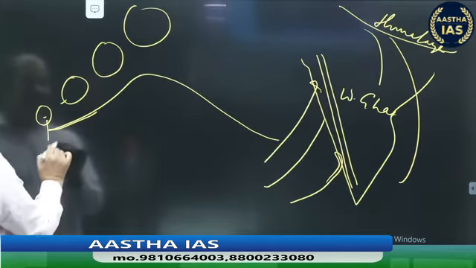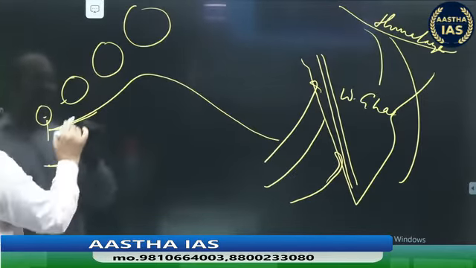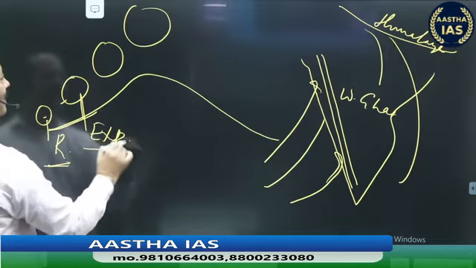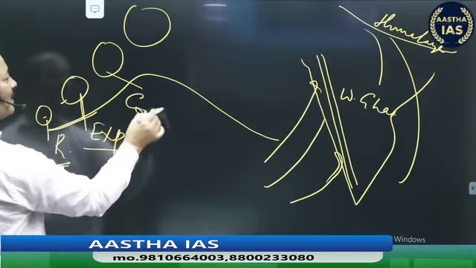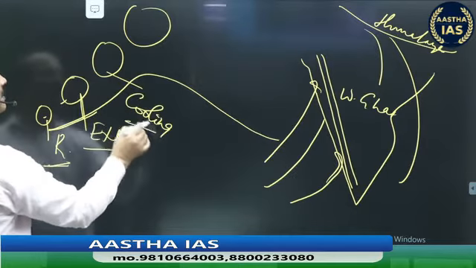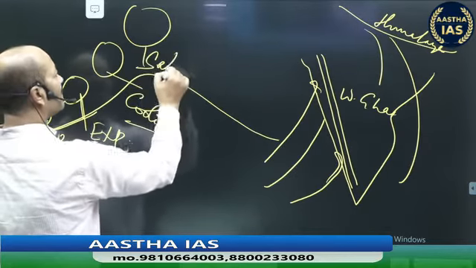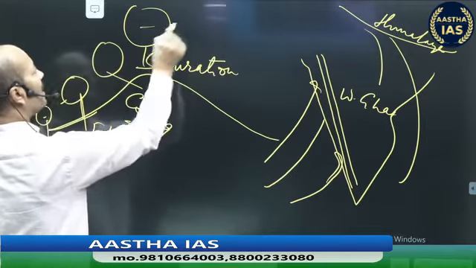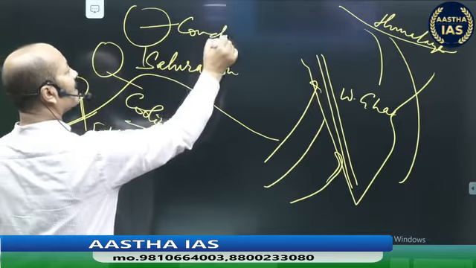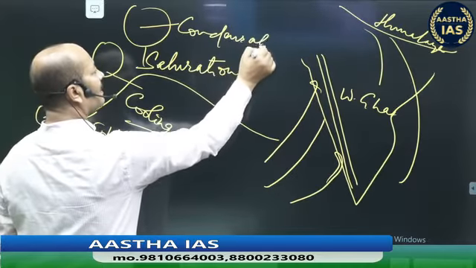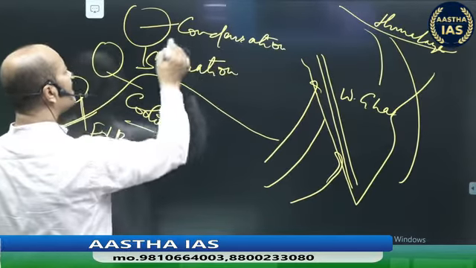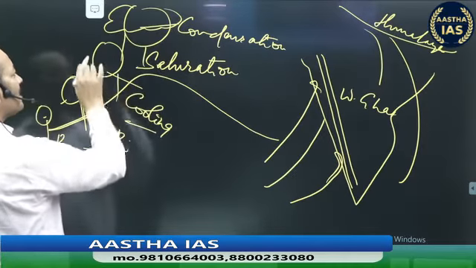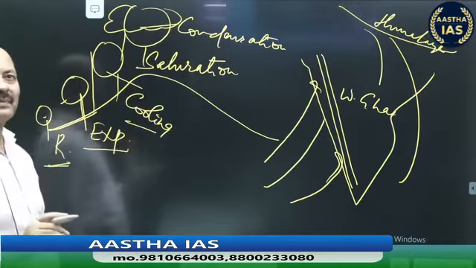The first step is the rise of air, then expansion of air, then cooling of air, then saturation of air. At saturation, we have condensation. Once condensation takes place, clouds form, so this area will have rainfall.